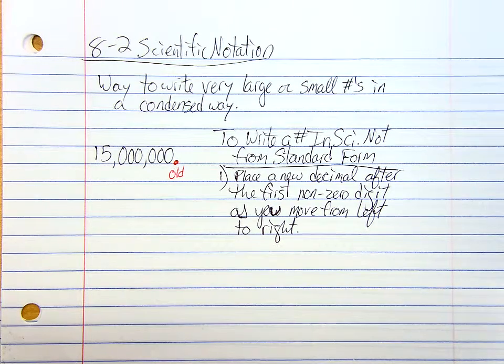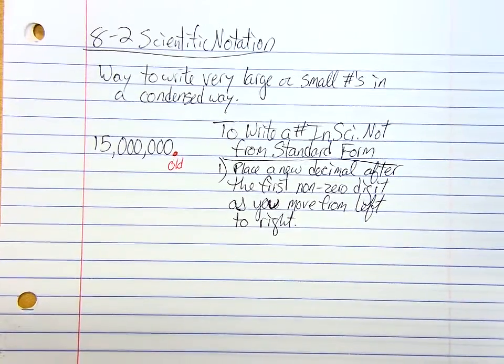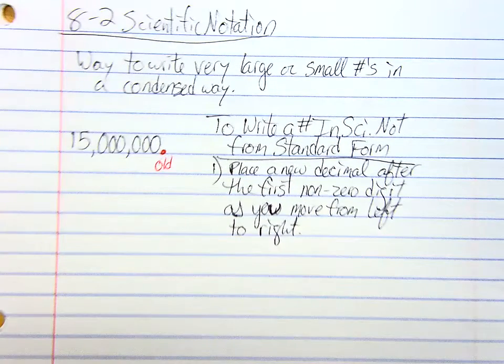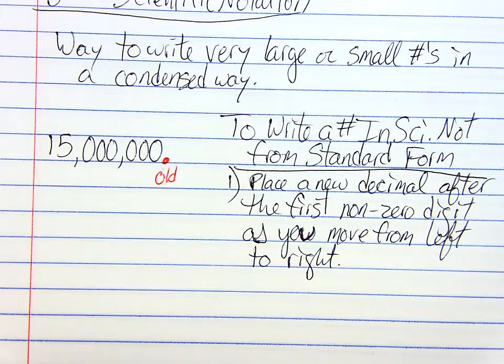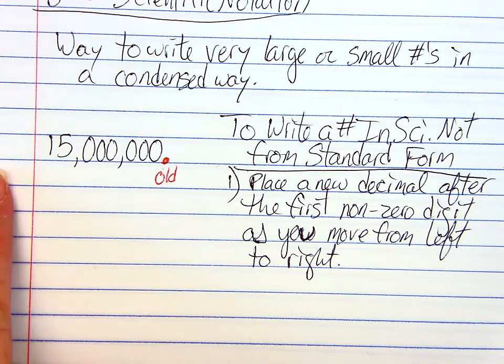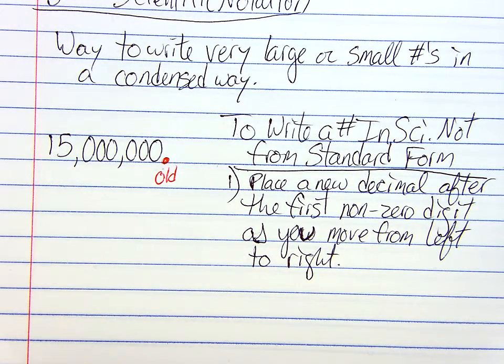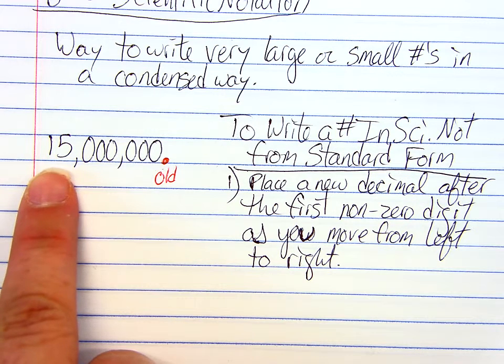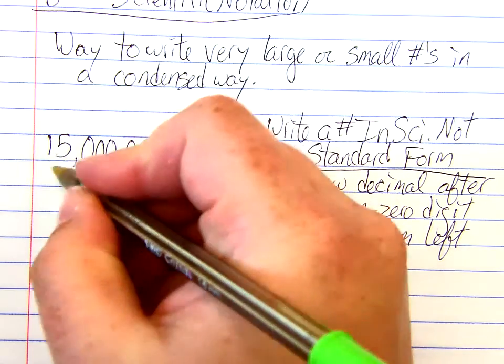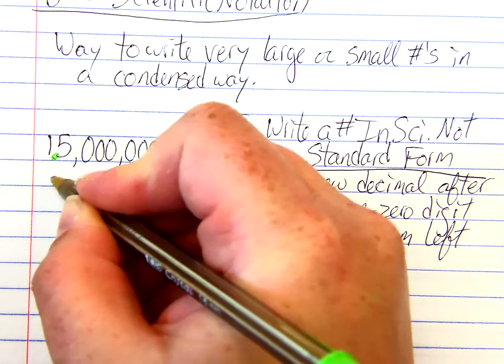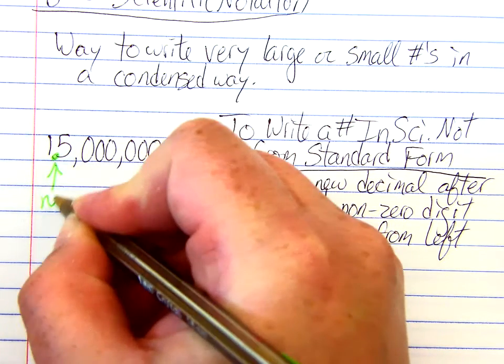Can you guys see this? Let me zoom in a little bit. Okay, so if I follow step 1, I'm going to move from left to right across my number, and as soon as I hit a number that's not 0, I want to place a decimal right after it. So in this case, right away I hit a number that's not 0, so I'm going to put my new decimal right after it. So there is my new decimal.